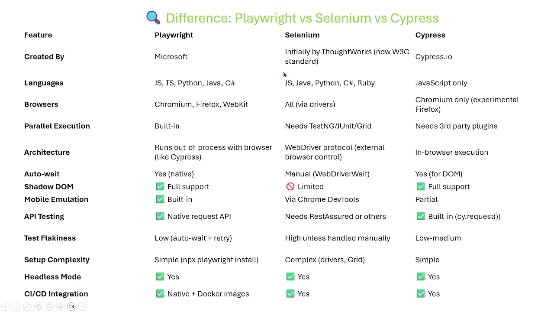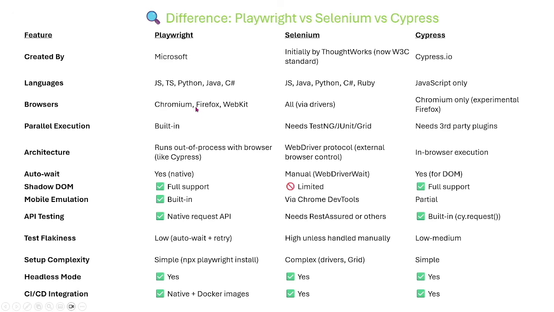Playwright is created by Microsoft; Selenium follows W3C standards. Language: Playwright supports JS, TS, Python, Java, C#. Selenium supports JS, Java, Python, C#, Ruby, and Cypress supports JavaScript and TypeScript.